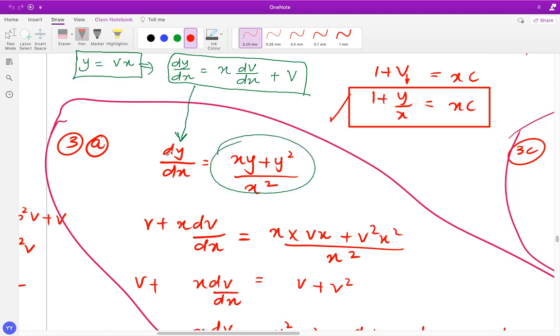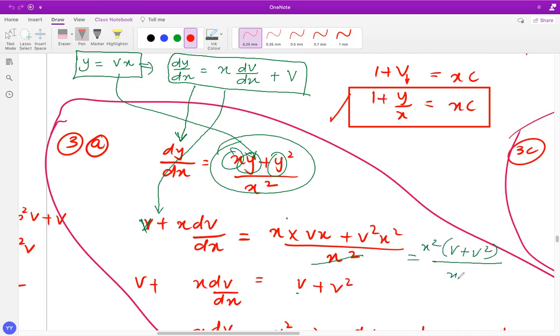Instead of dy by dx, I put v plus x dv by dx equals x times y, which is vx, plus y squared over x squared. Taking x squared common, you get x squared times v plus v squared over x squared. This gets cancelled, and as a result you get v plus v squared.